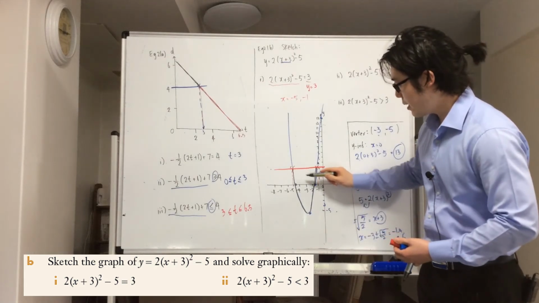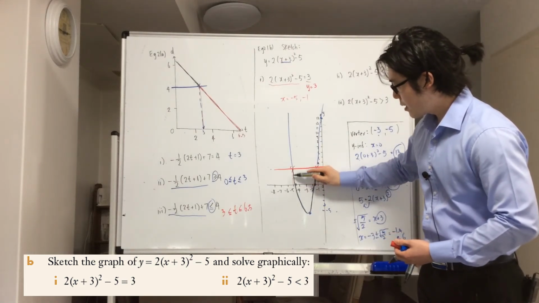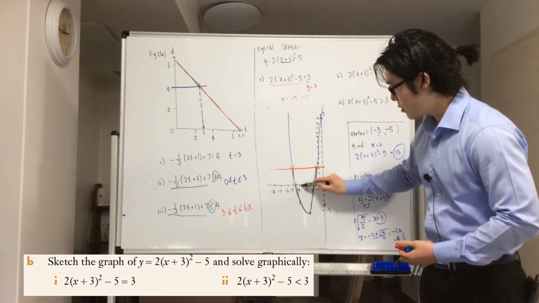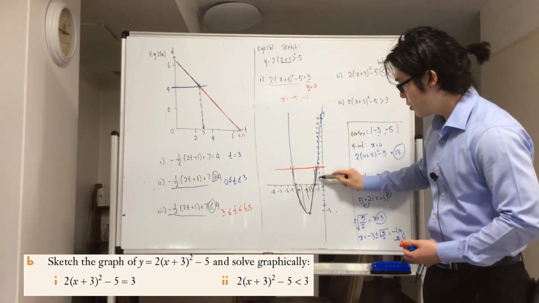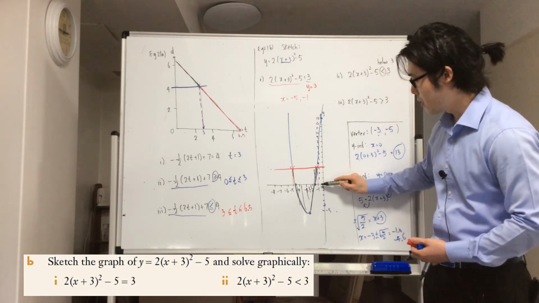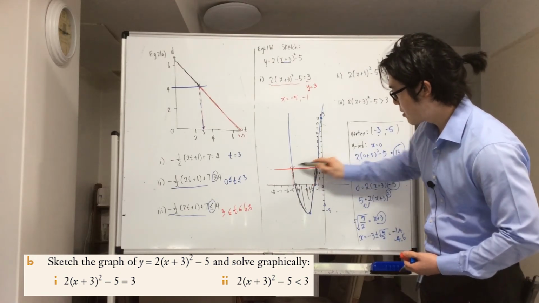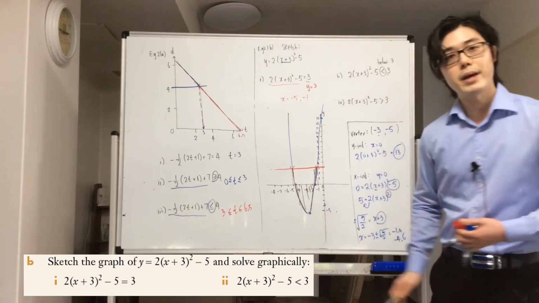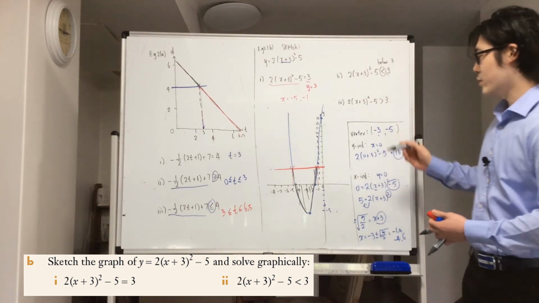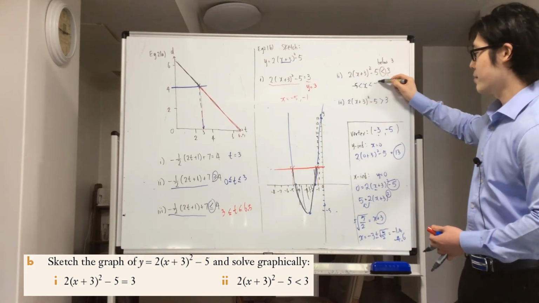As you can see, from -5, it's all the x values up until -1. So it's all the x values basically between -1 and -5 because that's where it's bounded by. So that's what you write, -5 and -1.